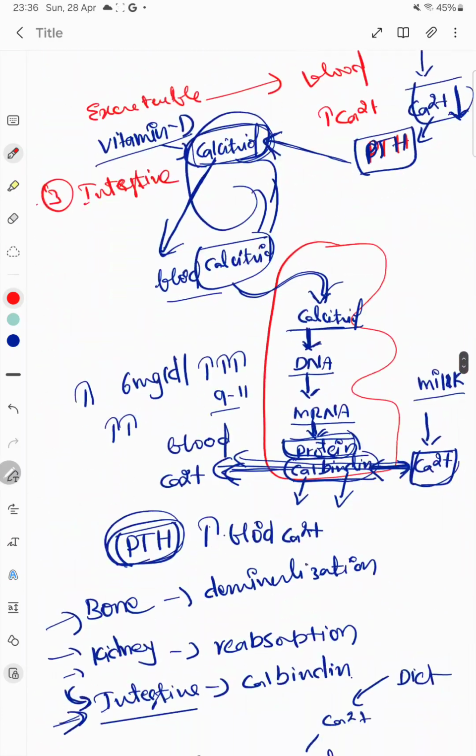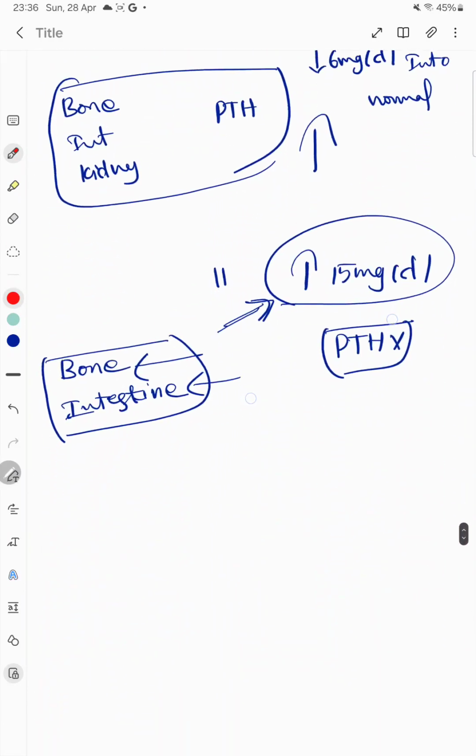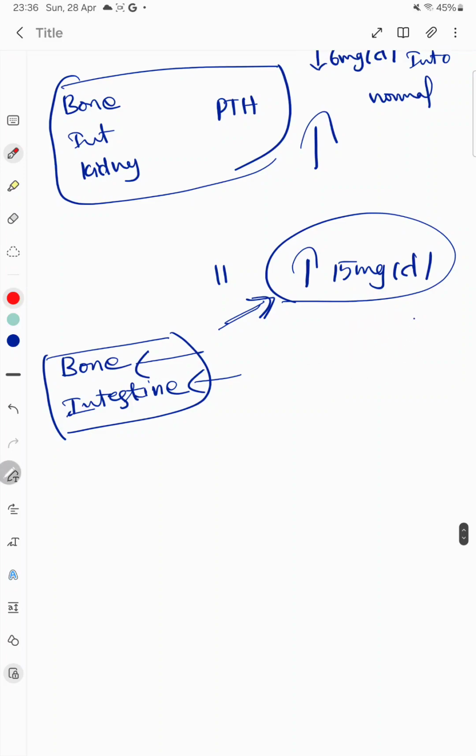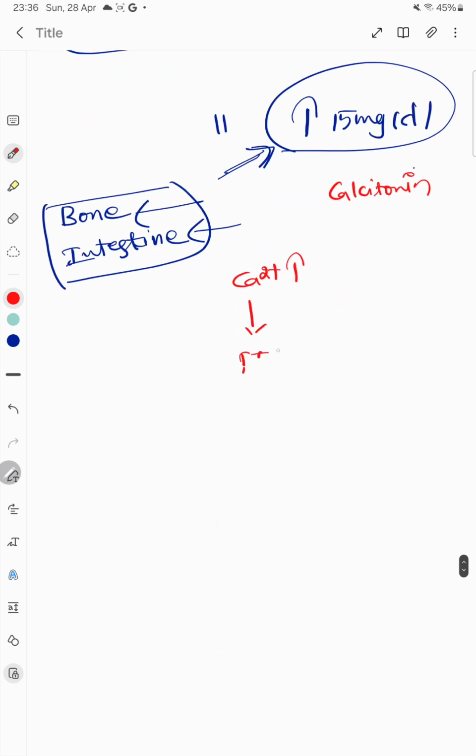But here the calcitonin, the second hormone from the parathyroid gland, okay, calcitonin. Whenever your blood calcium level is increased, what happens? This increased blood calcium signals to the parathyroid gland.